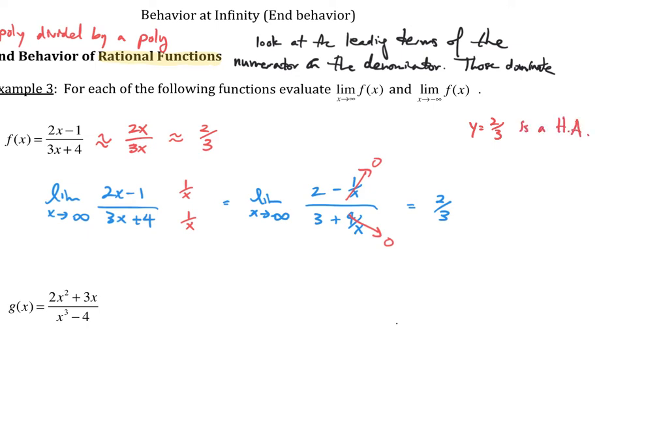The second thing I wanted to mention is that we get the same result if x goes to negative infinity. So we have both of those things happening. I'm going to highlight this answer of 2/3, and really this y equal to 2/3 horizontal asymptote is the ultimate result.